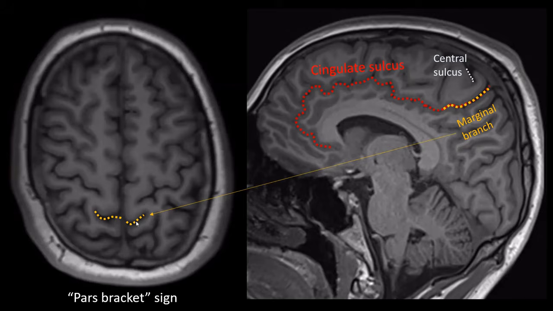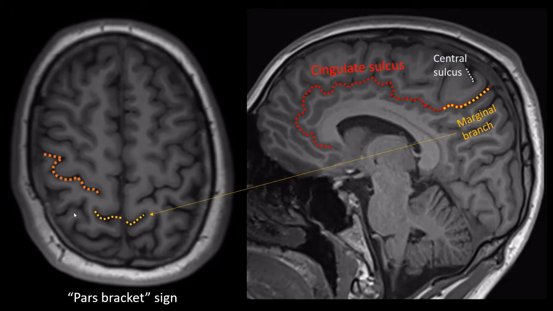I always see more of a mustache than a pars bracket with its contralateral brother or sister. And as I've shown you in the sagittal plane, the central sulcus is the first sulcus in front of the marginal branch. So if you can identify this pars bracket or this mustache, then you have also found the central sulcus, which is the sulcus in front of it.